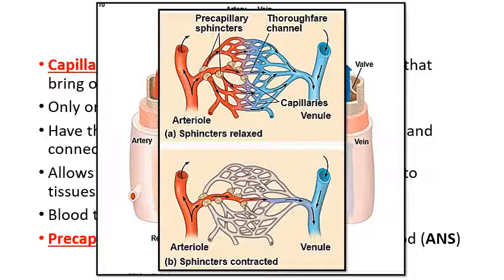Here we see a close-up of the capillaries, and you can see the blood is freely flowing through the entire capillary network in the top illustration. In the bottom illustration, the body, for whatever reason, has decided to bypass this particular capillary. It has closed off all of these precapillary sphincters, so the blood flows directly from the artery into the vein so it can be used elsewhere.